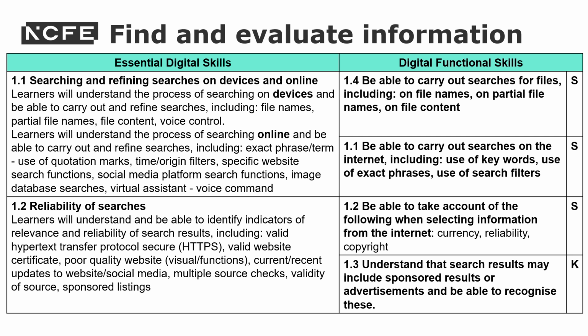Learners must also understand how to determine the reliability of online searches, and that's covered in both. So we have Learning Outcome 1.2 looking at the reliability of searches, and Learning Outcomes 1.2 and 1.3 for digital functional skills that look at the currency, reliability, copyright issues, etc., and thinking about sponsored results when searching for online content.